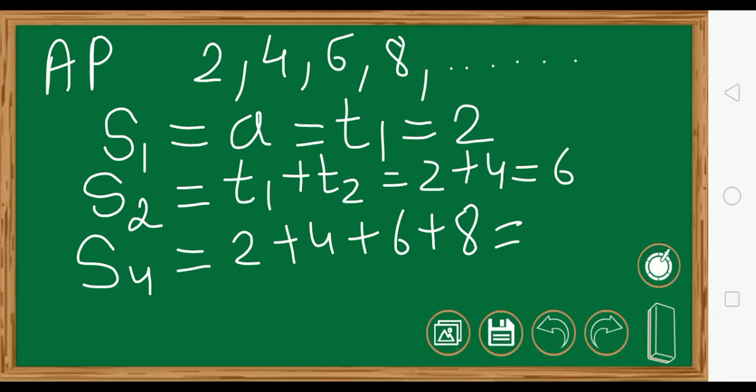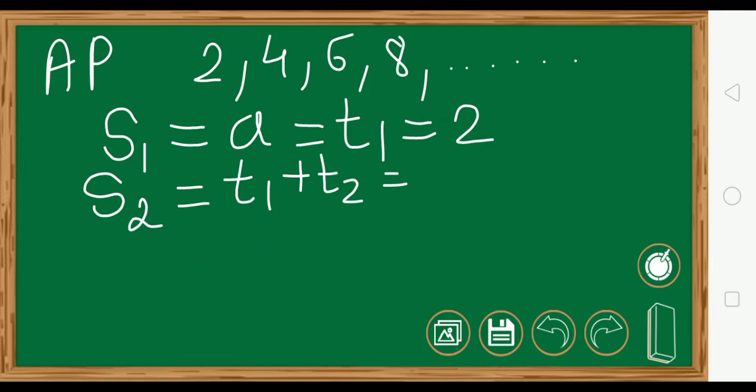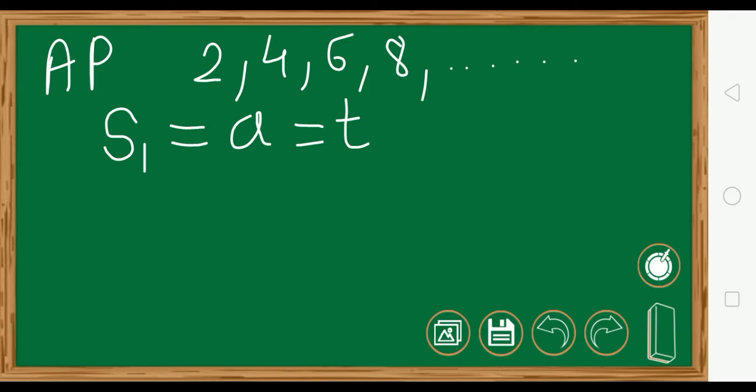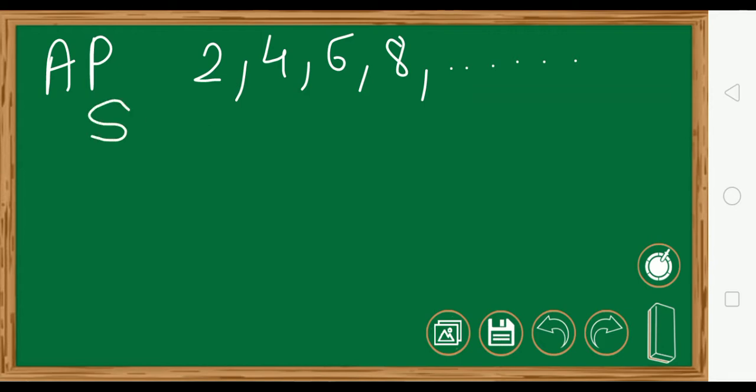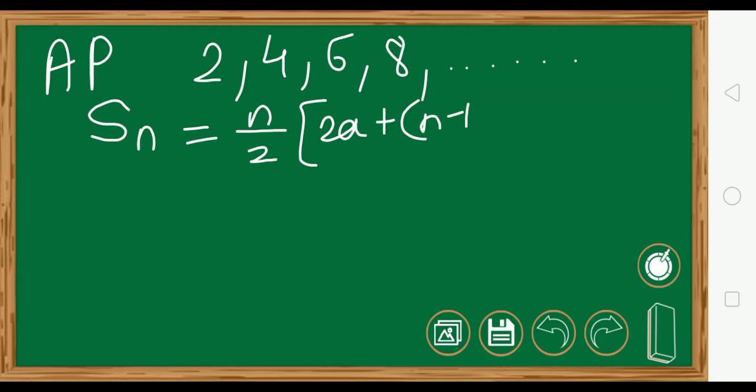Now I will calculate the same with the help of a formula. Let us first see what the formula is. The formula is given as Sn equal to n upon 2 into bracket 2a plus (n minus 1) d.